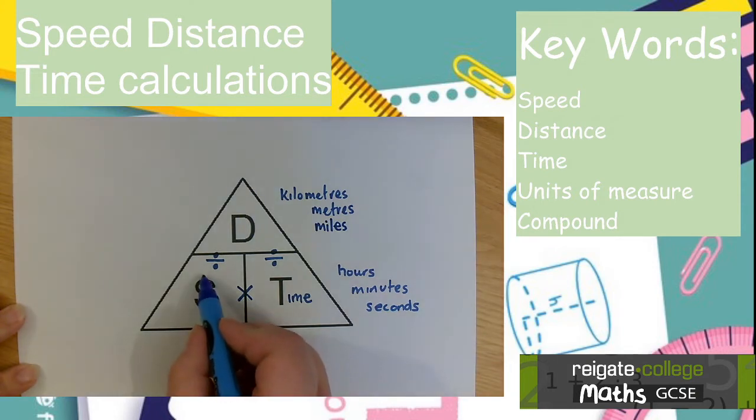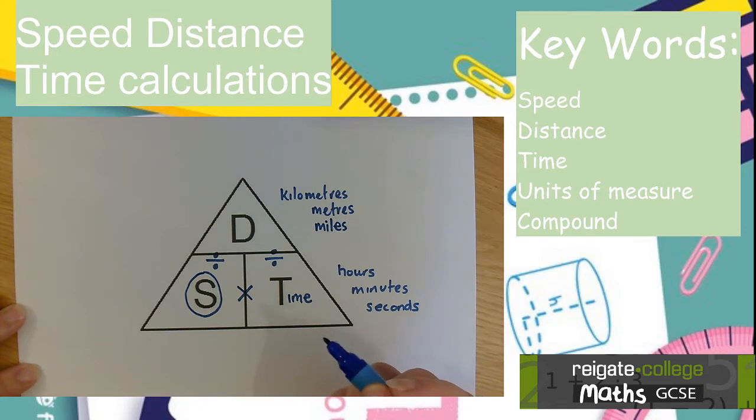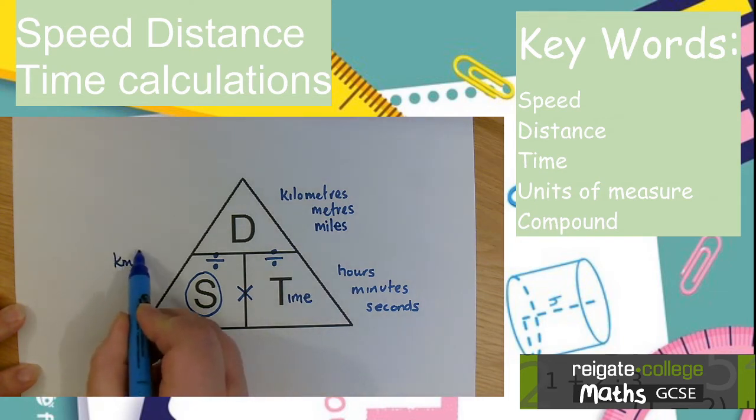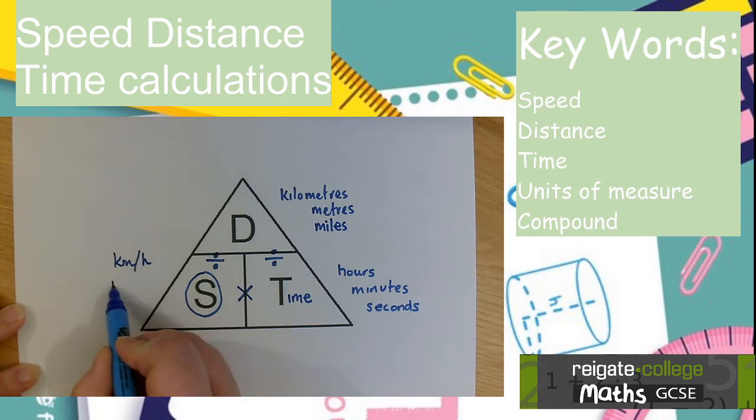Then the speed element of this is a compound measure. It's the compound of the other two measures. So we might be measuring kilometres per hour or miles per hour.